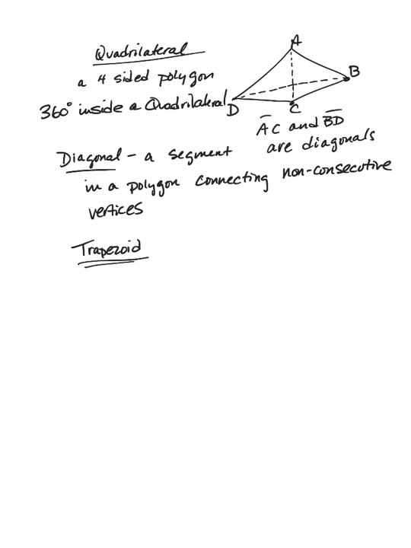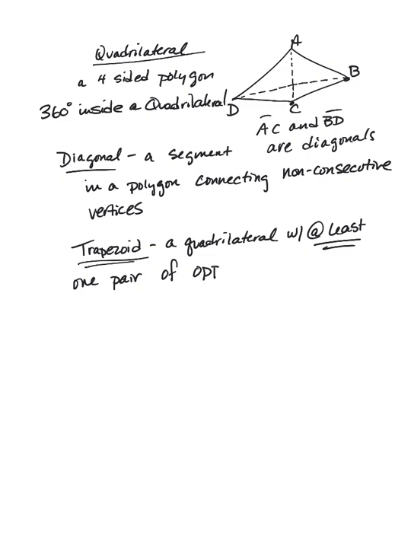But a trapezoid, okay, the general definition is a quadrilateral with at least, okay, at least is dangerous, at least one pair of opposite sides parallel.